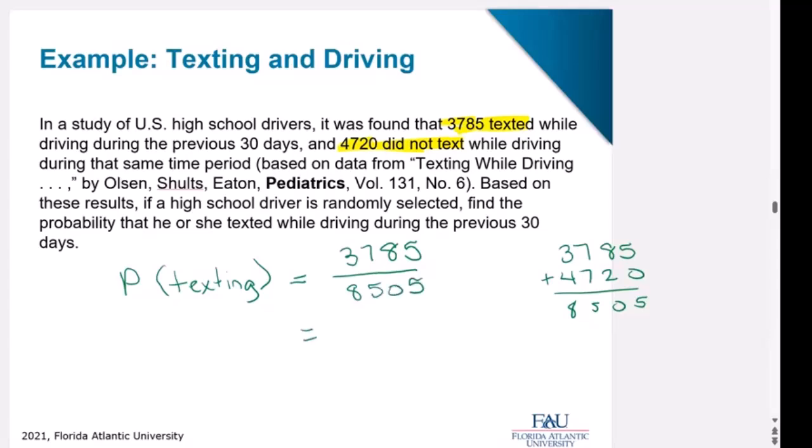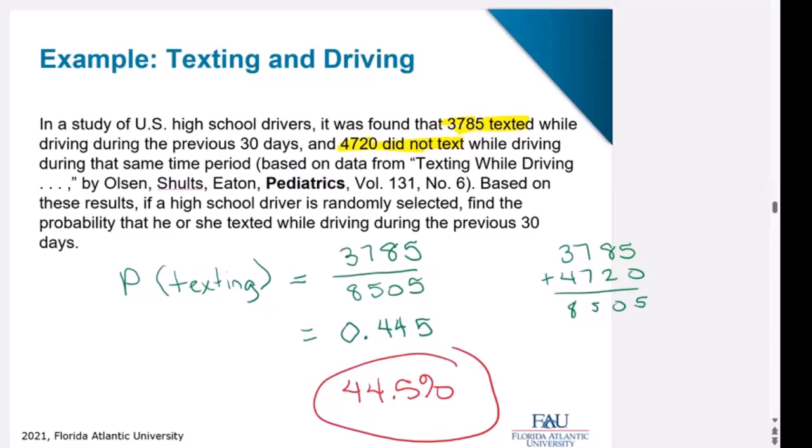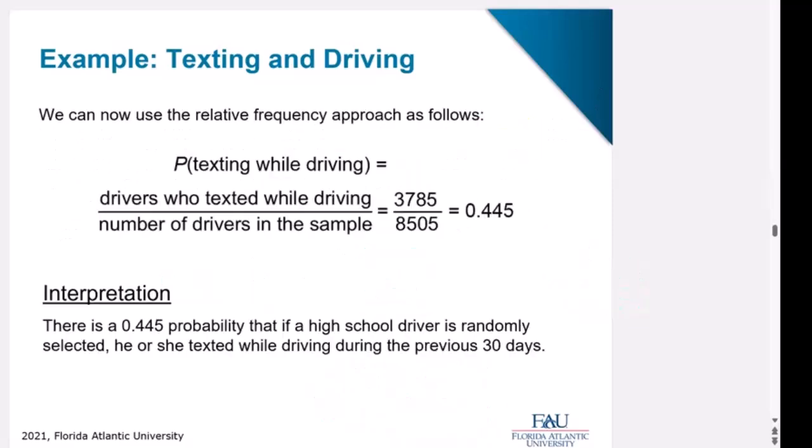And then we turn this into a probability by dividing 3,785 by 8,505, and I'm going to round it to 3 decimal places, and the next decimal place is a 0, so I'm going to round to that. That is the same as 44.5%. So less than half, which makes sense because fewer students texted.